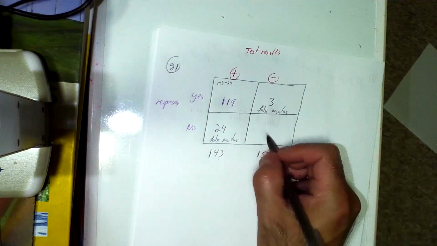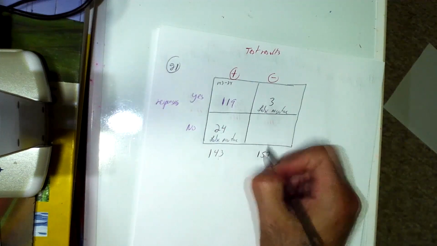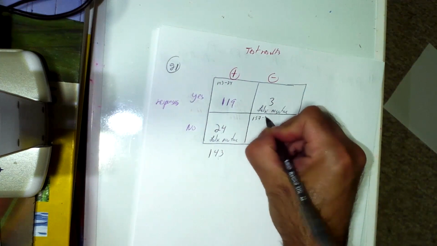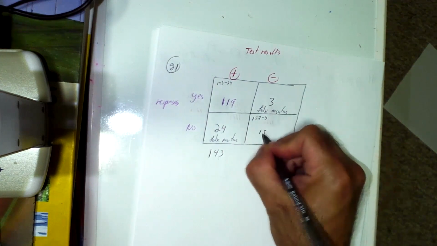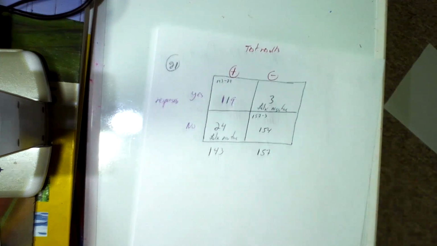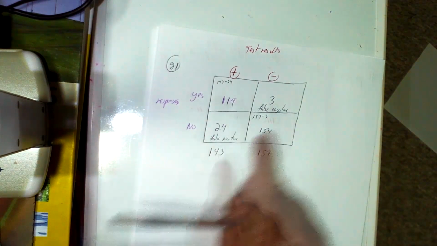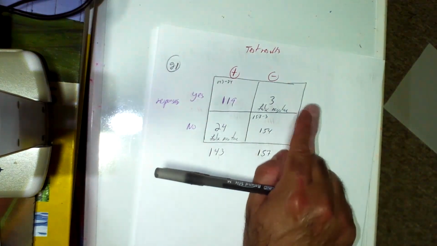Right, now we're gonna figure out what this box is. To figure it out, this is my total, that's 3. So if I do 157 minus 3, I get 154. Bam, 154. So I have the total of my columns already. I just need to figure out the total of my rows.